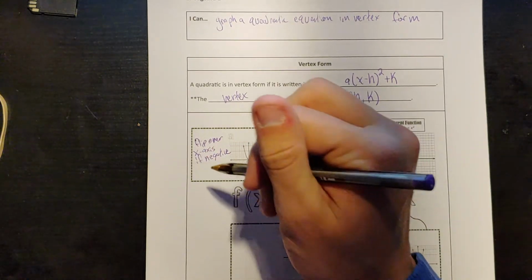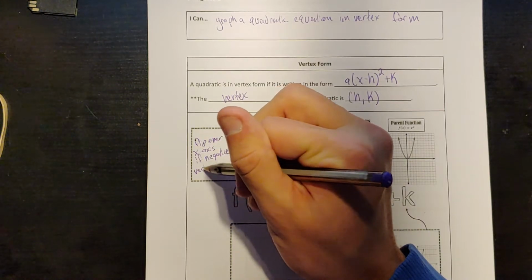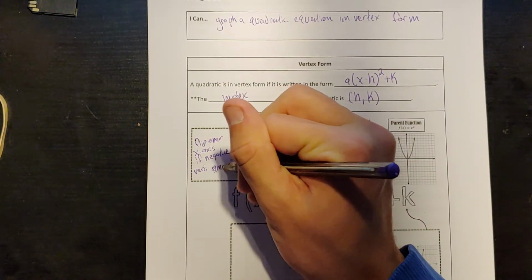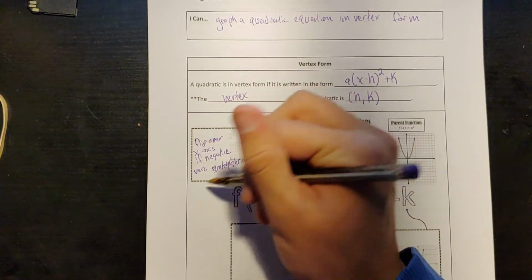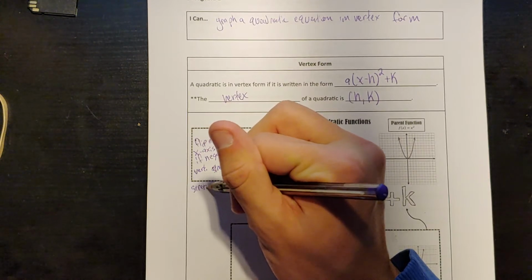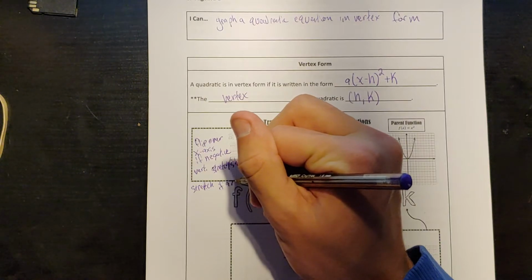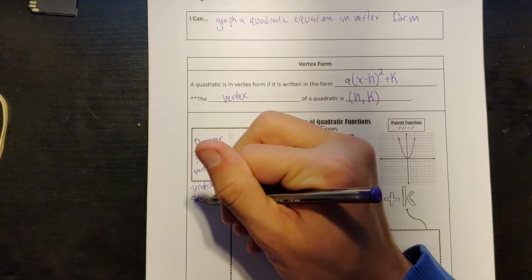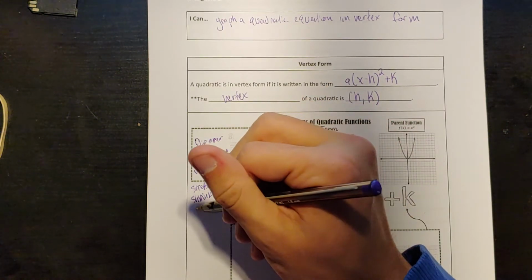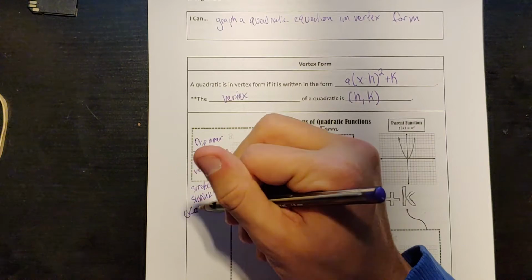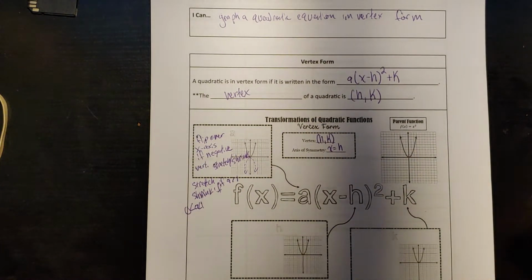And then we also have a vertical stretch or shrink. We have a stretch if a is greater than 1, and a shrink if a is between 0 and 1. Hopefully you get that down.